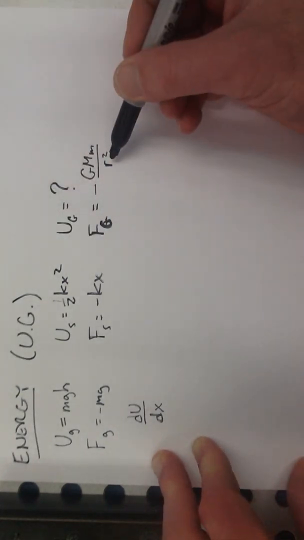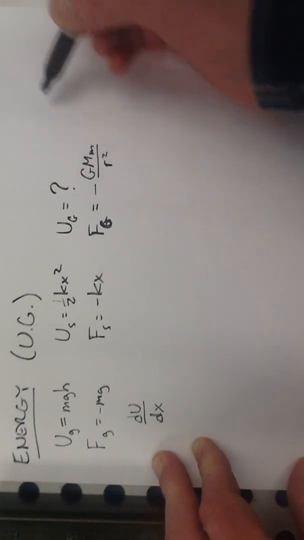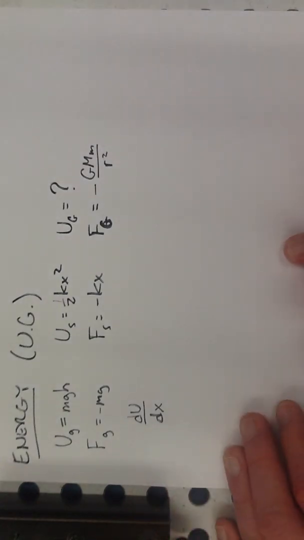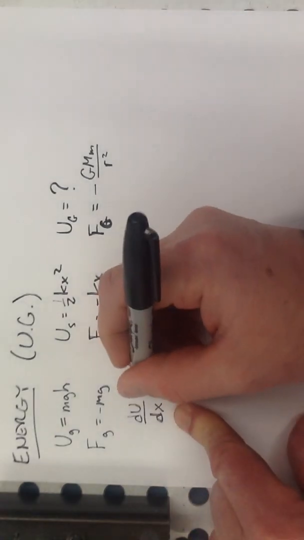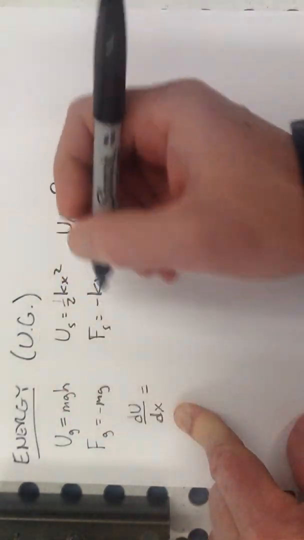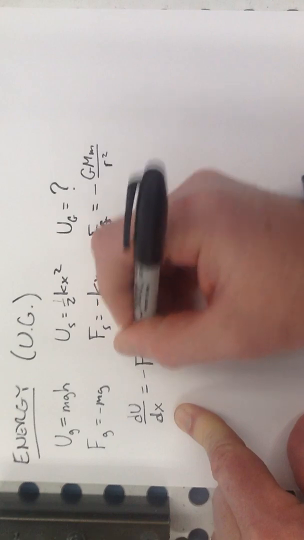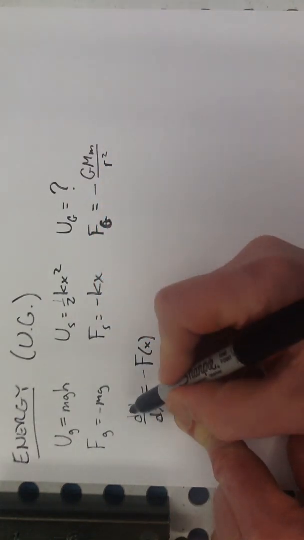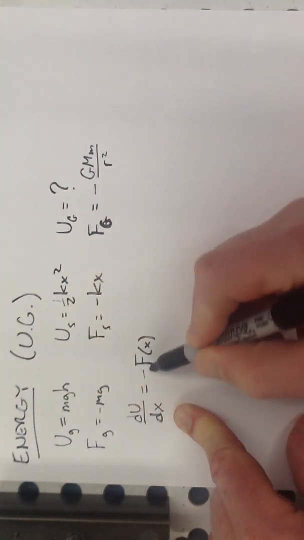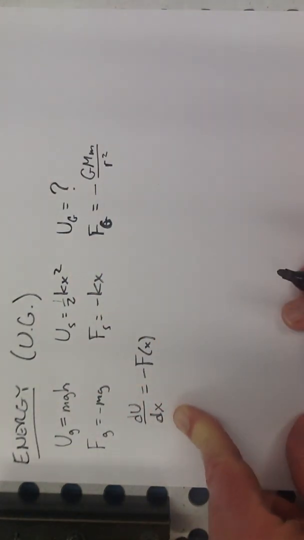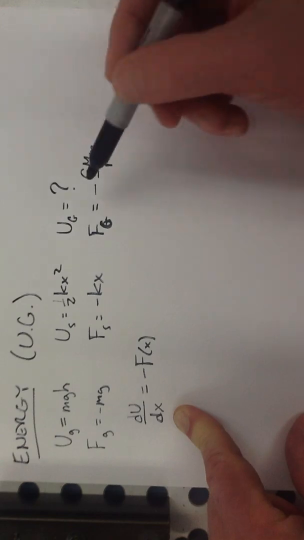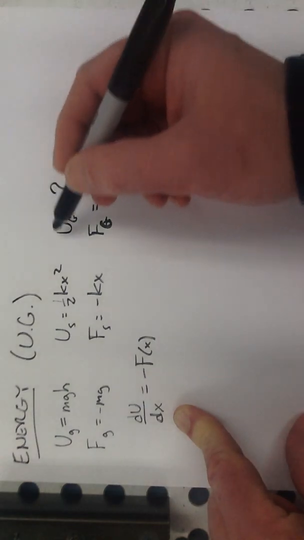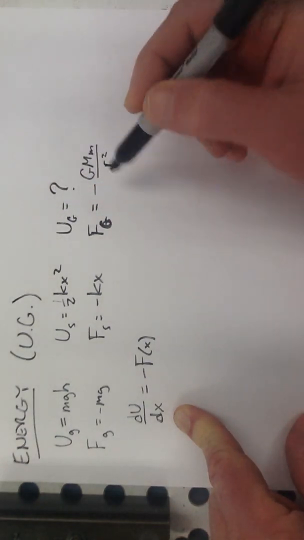Here our position is r, the distance from center of object. So in all of these cases, we can see that that's true, right? The derivative of this is equal to this with the addition of a negative sign. So that means that the derivative of this must equal that.